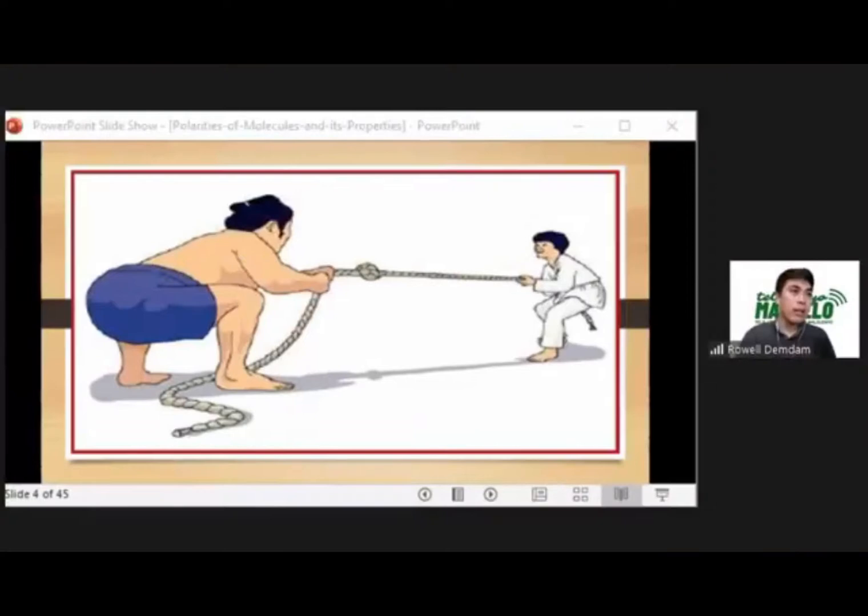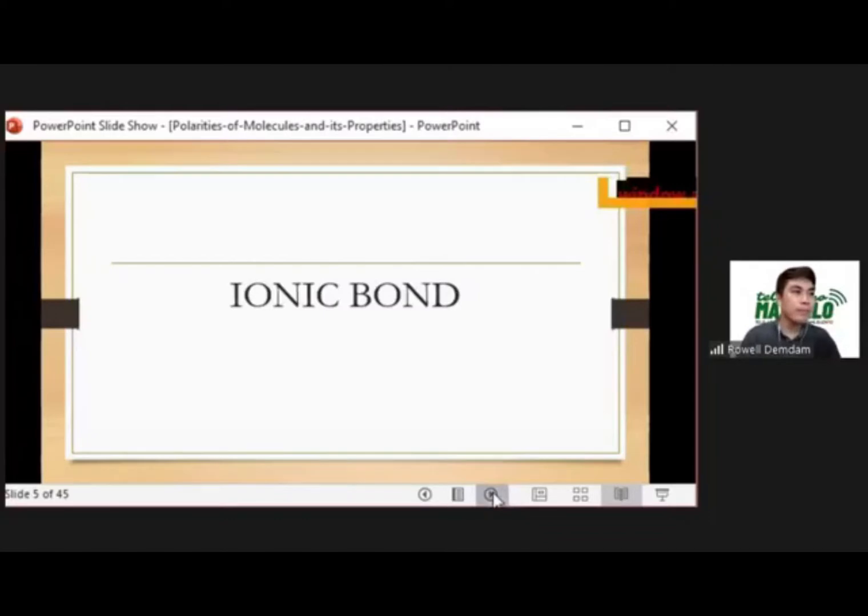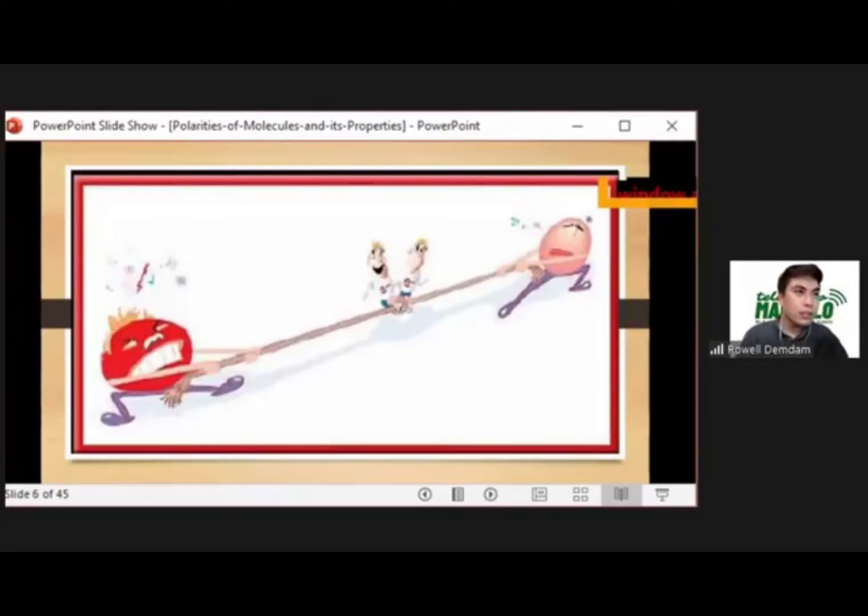The correct answer for this picture is ionic bond. So ionic bond represents this picture. Second picture. What do you think? What is this type of bond? You can send your answers now, class. You can write down if it is ionic or covalent bond or non-polar covalent bond.